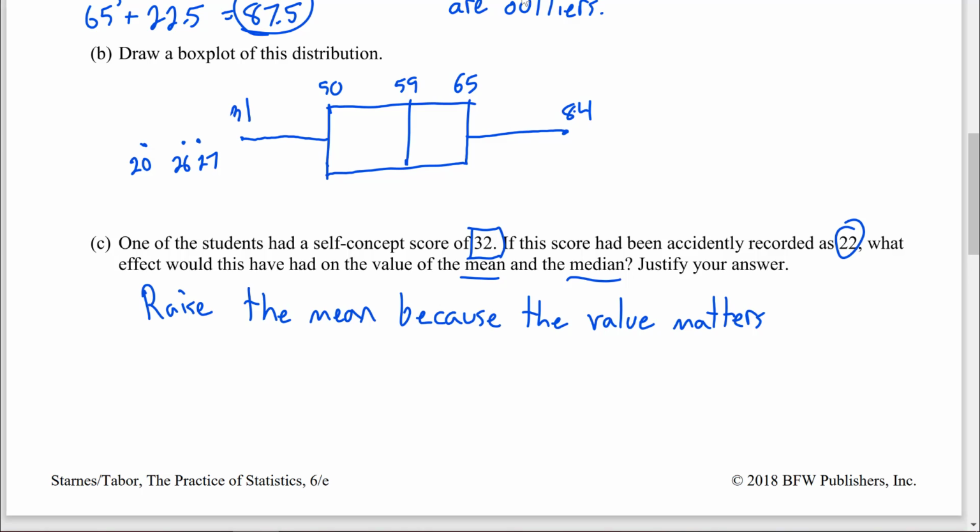But as far as the median, that number is still below the median. So it's still on the lower half. And so it wouldn't affect what the two middle values are, or the middle value. The median would only change if it moved from the lower 50% to the upper 50% of the data.